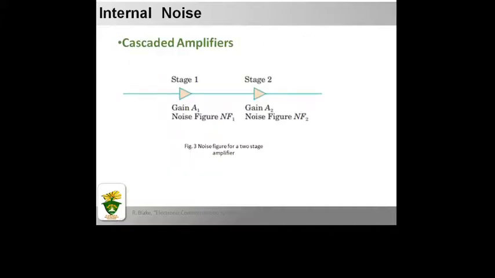When two or more stages are connected in cascade, or in sequence, as in a receiver, the noise figure of the first stage is the most important in determining the noise performance of the entire system, because noise generated in the first stage is amplified in all succeeding stages. Noise produced in later stages is amplified less, and noise generated in the last stage is amplified the least of all.